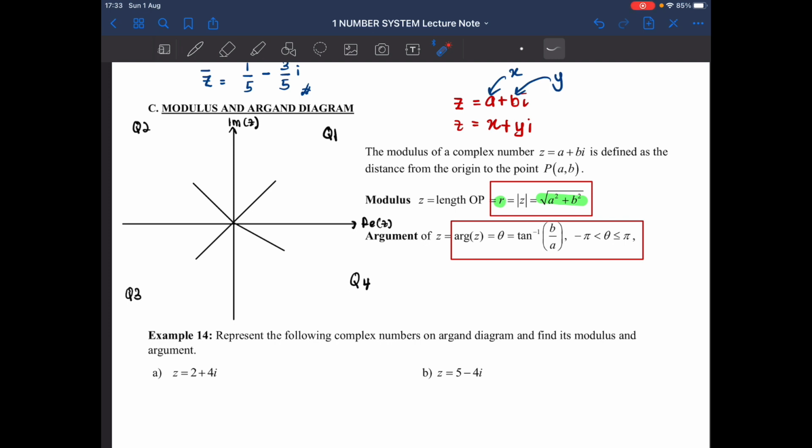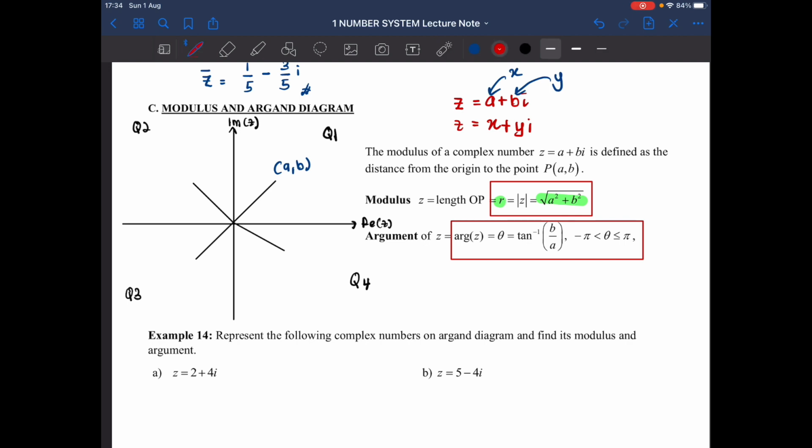So now, first I want to explain how to find the modulus. So if you are in the quadrant 1, so obviously your A must be positive because here is positive x, and your B must be positive as well because here is positive. Okay, so ini A positive, B kena positive jugalah. So the argument here, how to find the argument? We have to find alpha first.